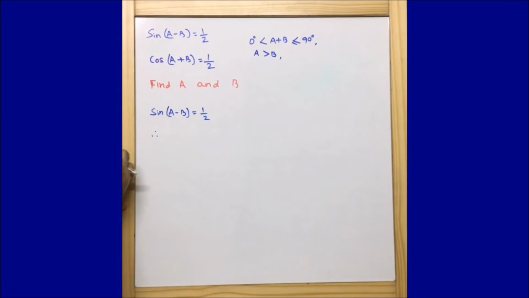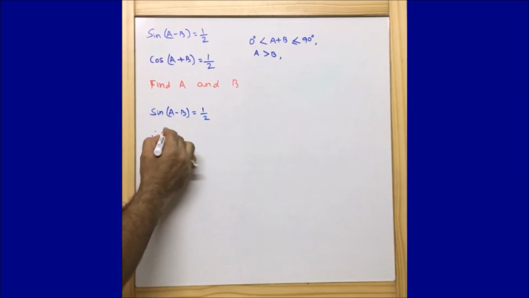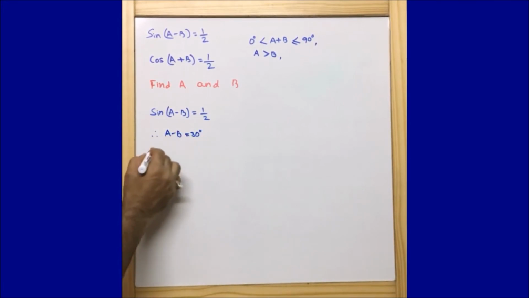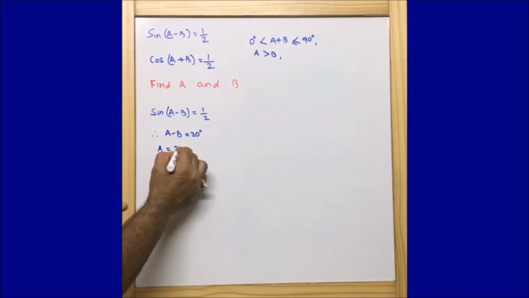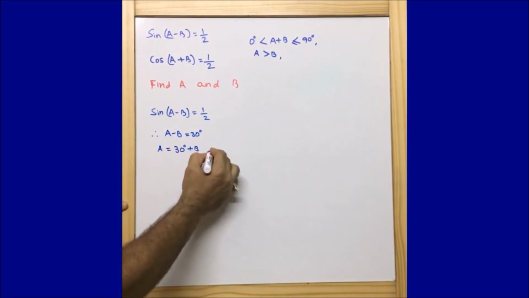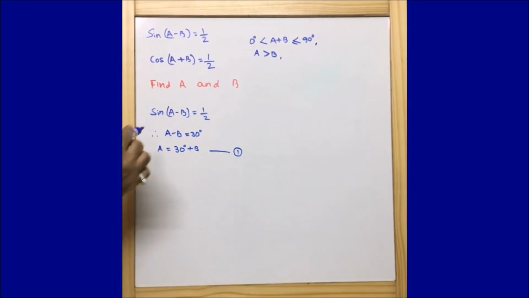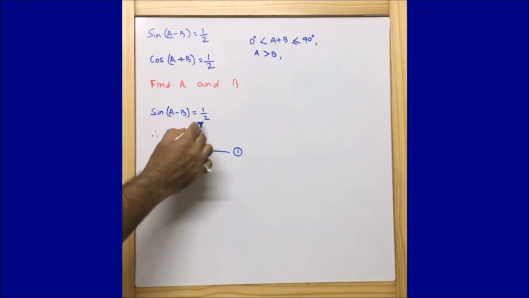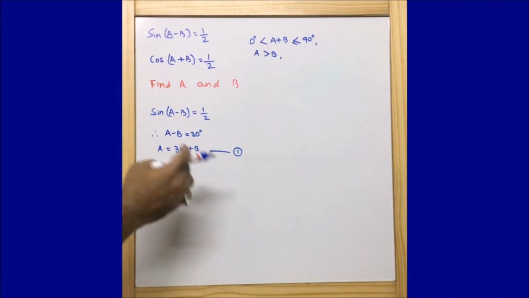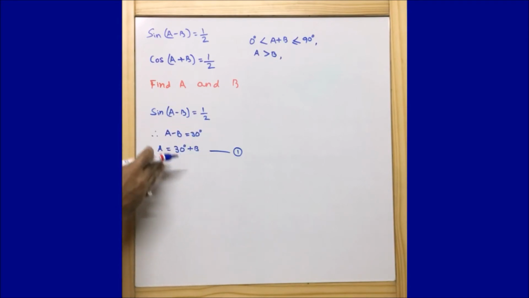We very well know that sin 30 degree is 1/2, so I can write A − B is equal to 30 degree, or A is equal to 30 degree plus B. This is one equation. Hope you understood this.